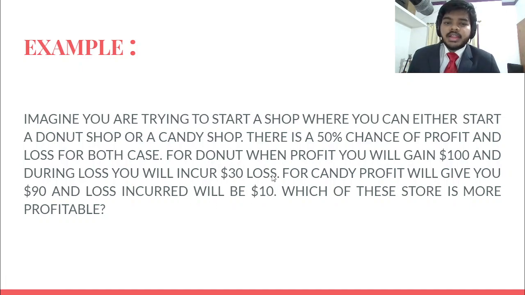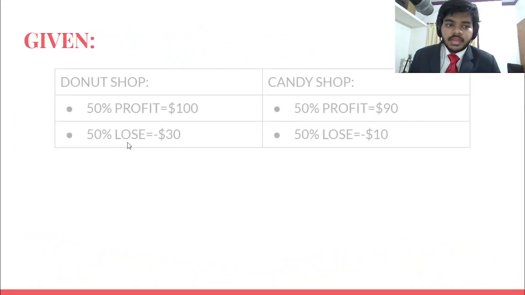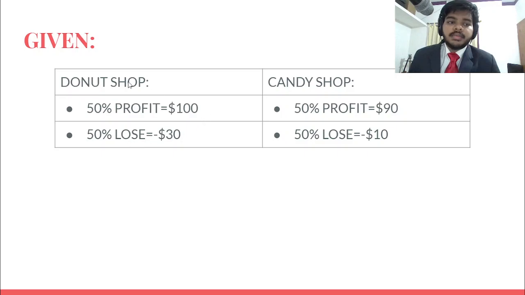So let's summarize the given problem and see what data we have. We have the donut shop with its profit and its losses, and the candy shop with its profit and losses.